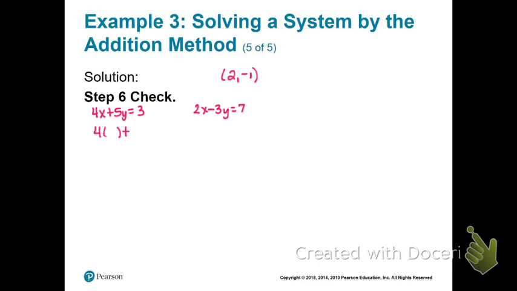So 4x plus 5y, and we want to know, is that equal to 3? So we're going to plug in 2 and negative 1. And then we're going to solve. Remember, when you're checking it, you only work each side individually, okay? So 4 times 2 is 8. 5 times negative 1 is negative 5, and 8 minus 5 is 3, which is what we wanted, right?